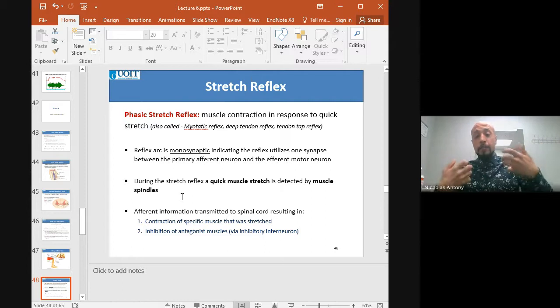So reflexively, that gets sent back to your spinal cord, and the interneurons go right back and want you to activate that muscle. So autogenic inhibition is when you have too much tension in the muscle, it reflexively inhibits that same muscle. Whereas with the phasic stretch reflex, which is the myostatic reflex, two different terms for the same thing, the quick length change is getting you to flex that muscle. So it's activating the muscle.